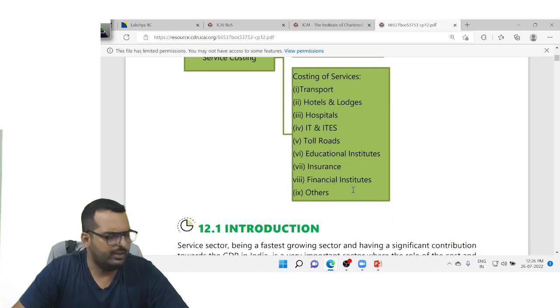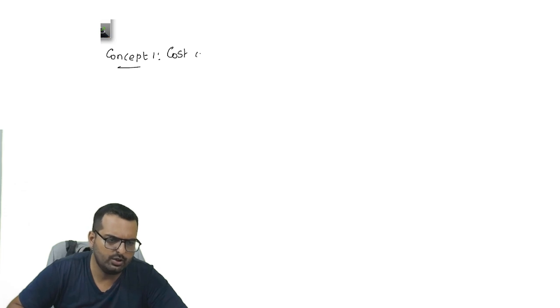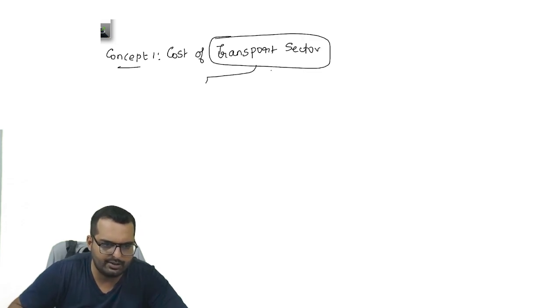All right. Shall we now start doing it? Okay, let's start with the transportation sector. So write down in your books concept number one, costing of transport sector. Friends, in the transport sector, you are having two types of transports.